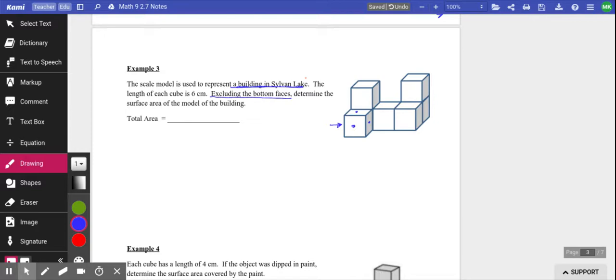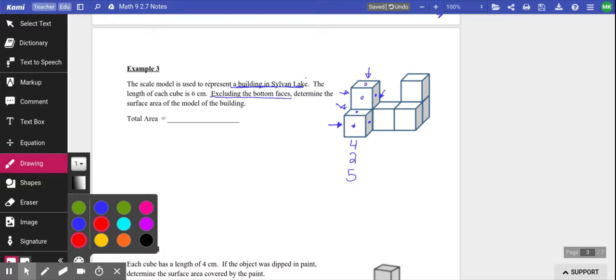So again, it's 1, 2, 3, 4 for this first cube. Then there's a cube behind it. That cube would have 1 and then 2 on the back side. So I'm at 4 plus 2. This one on the top would have 1, 2, 3, 4, 5. That would be 5 on that top cube. This next cube right here would be 1, 2, and then on the back side would be 3.